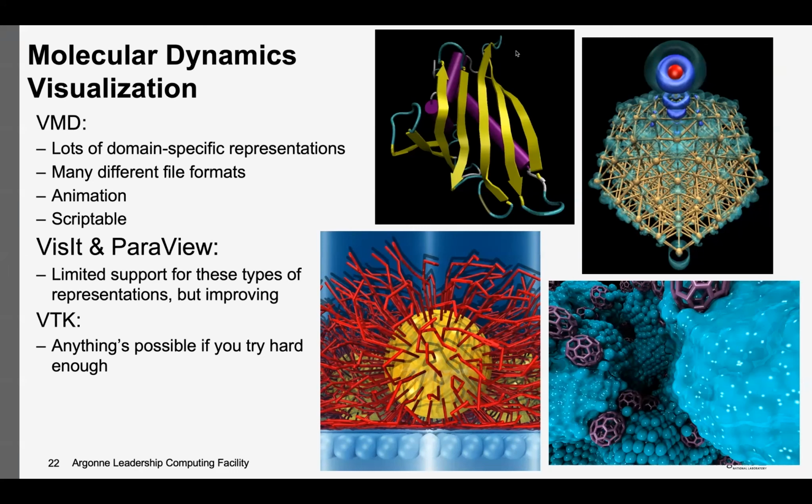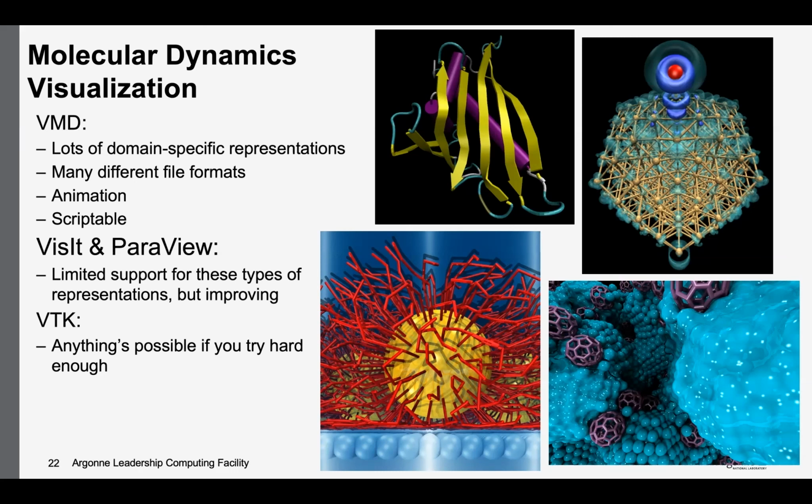So this is showing how there are different tools for doing work in specific domains. In this case, molecular dynamics, again there are a number of tools for doing this type of thing. But in this case, there are representations that are specific to the types of domains that you're looking at.